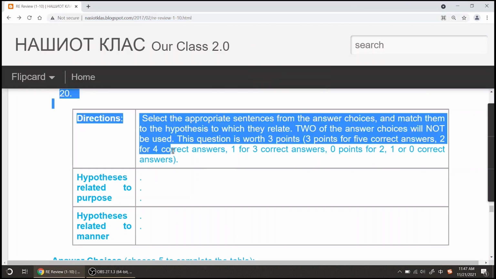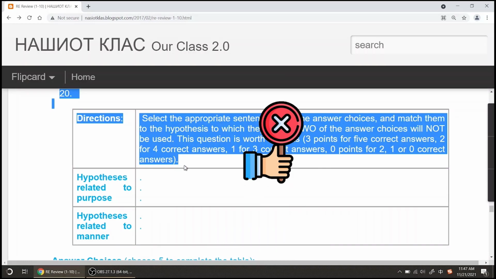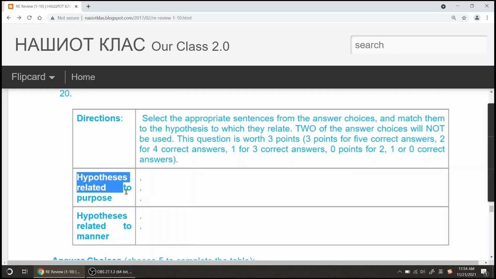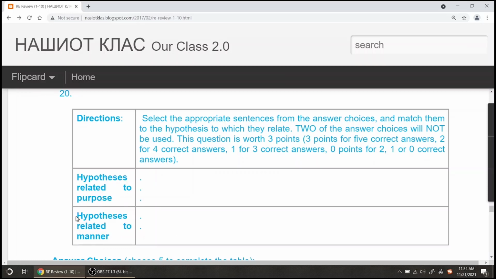This is the question direction. No need to read it again if you already know it. They are almost the same. Go directly to the tables. One is about hypotheses related to purpose. The other is about hypotheses related to manner. Purpose and manner are the two key words. If you don't answer the questions in order, you definitely don't know what it is about.